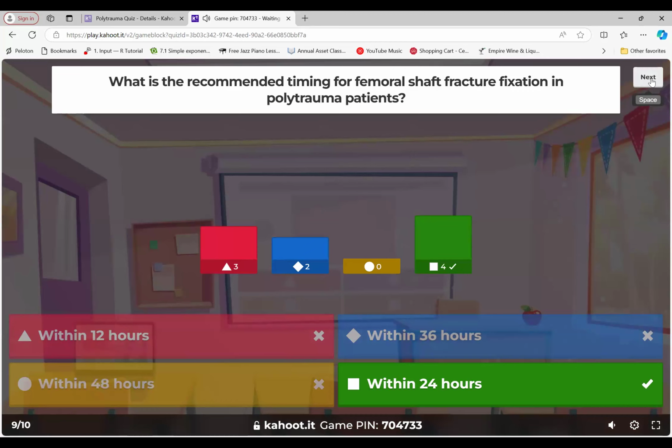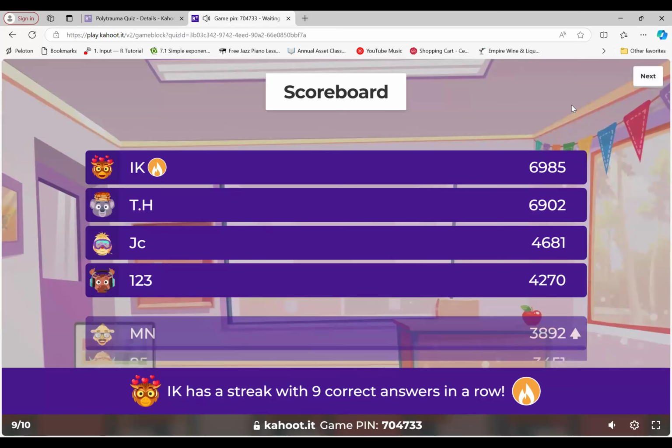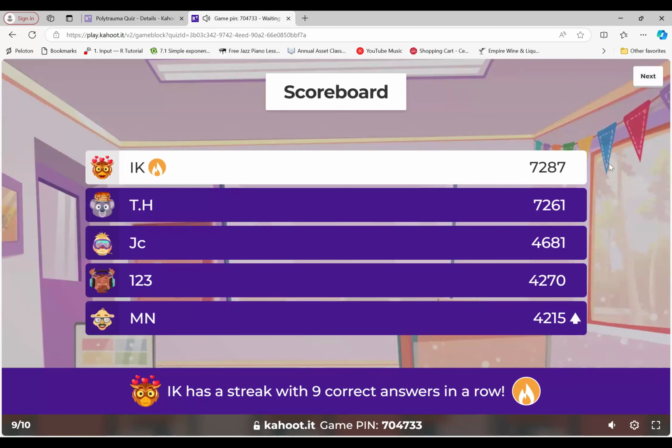All right, so within 24 hours, Paul got it correct. Here we had IK still maintaining the lead.